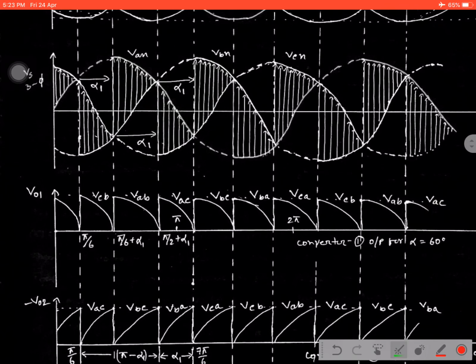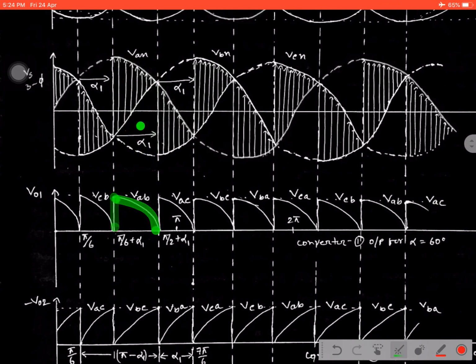That is why if the first converter is working for the arrows, the second will obviously work for the non-arrow part. As we know, the voltage appearing across the load is the line voltage, the difference between two phase voltages. That is why, as explained before, it is VAB.